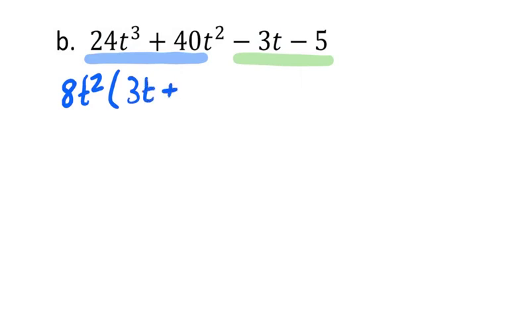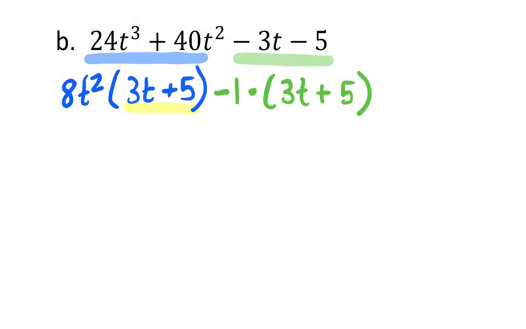So if I take those first 2 terms, I can factor out an 8t squared. If you look at the last 2, it doesn't look like they have anything in common, but they actually share a factor of -1. And you could always do a factor of +1, but I need my signs to match so that I have a group of 3t plus 5, which means I need to factor out a -1, because if I divide by a -1, it'll flip both my signs and it'll still equal the original.